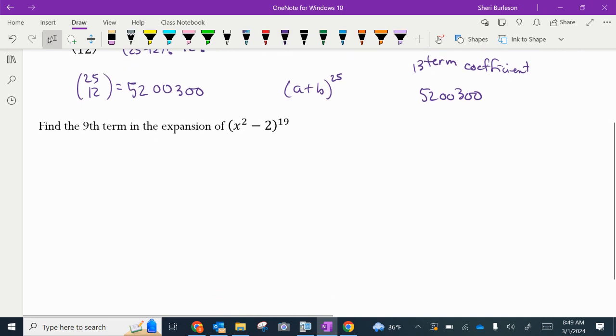All right. So to find the 9th term in this expansion, this is my suggestion. The binomial theorem finds the k plus 1 term. I am going to suggest that you always write k plus 1 equals 9. So k equals 8. Here is why I am suggesting this.